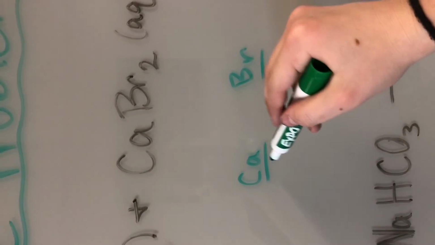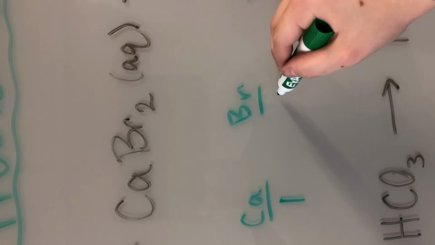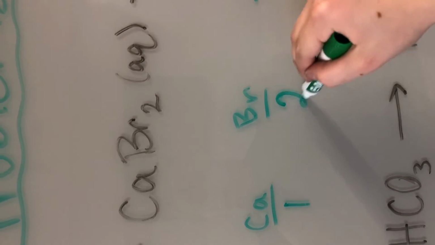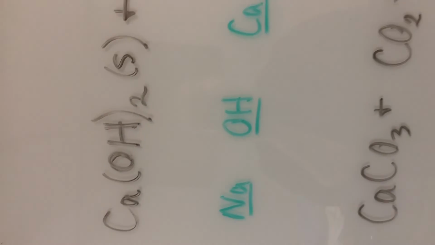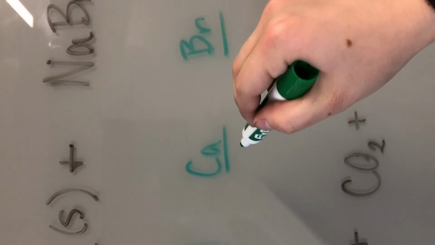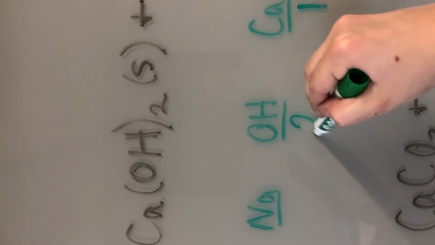So here we have 1 calcium and 2 bromines. On the other side of the equation, we have 1 calcium, 2 OHs, 1 sodium, and 1 bromine.